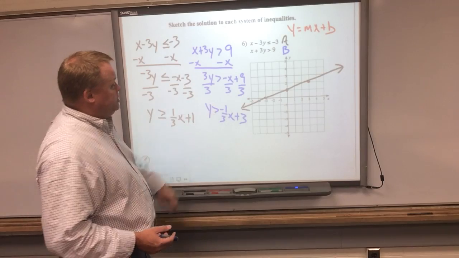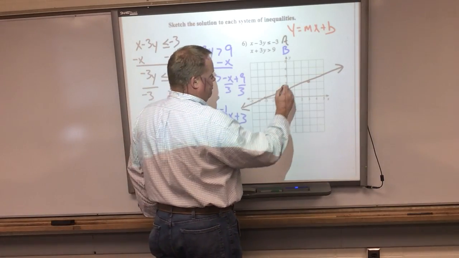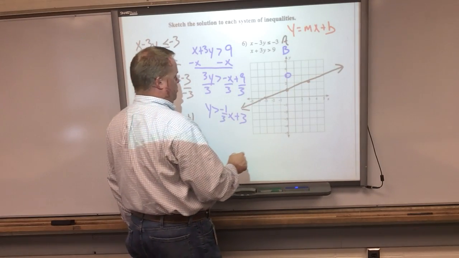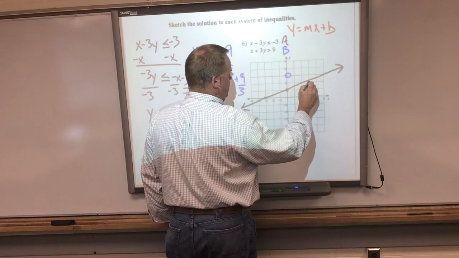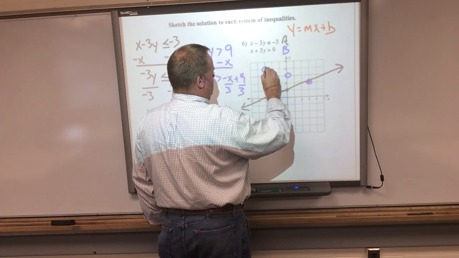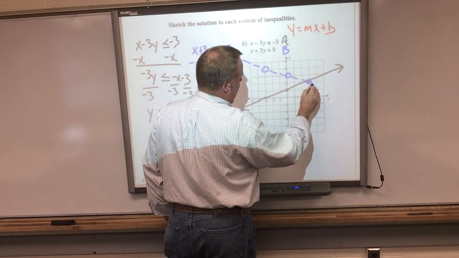Since I have just a greater than symbol, at 3 I have an open circle. And my slope is down 1/3. So down 1/3, up 1 to the left 3. And I can start dashing my line to connect those open circles.